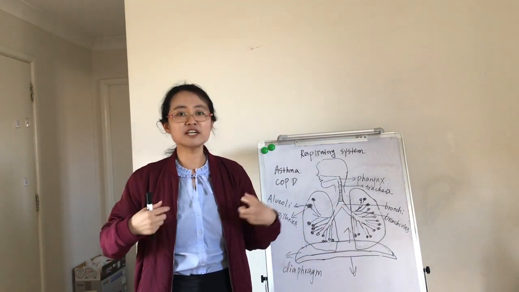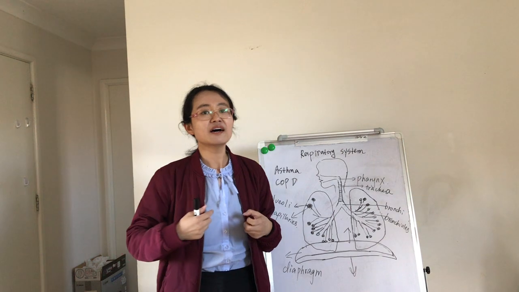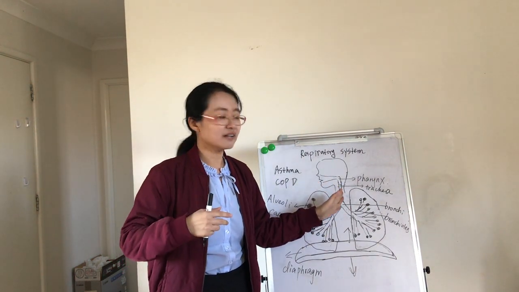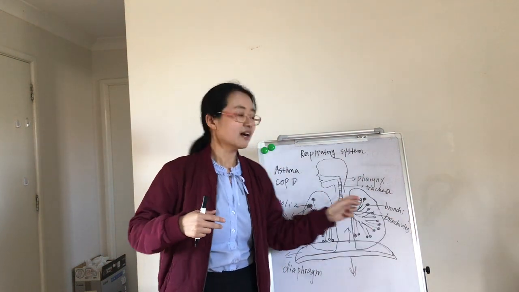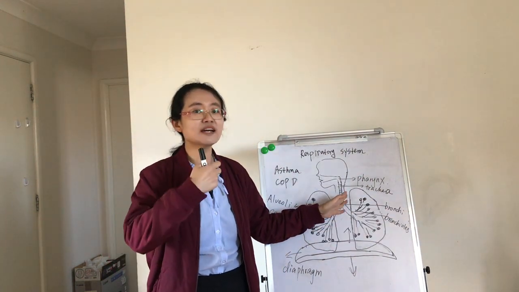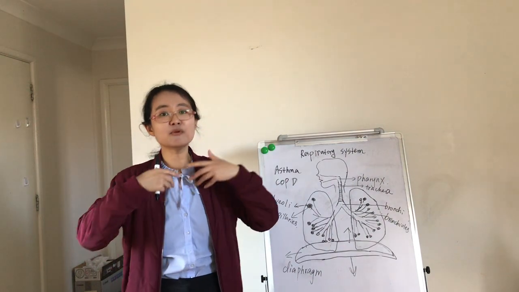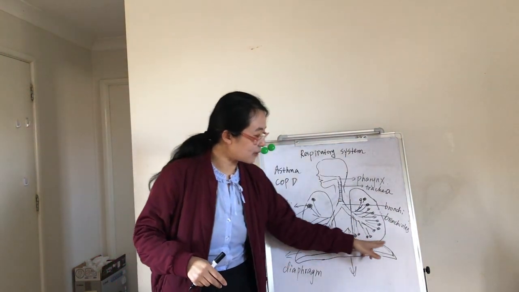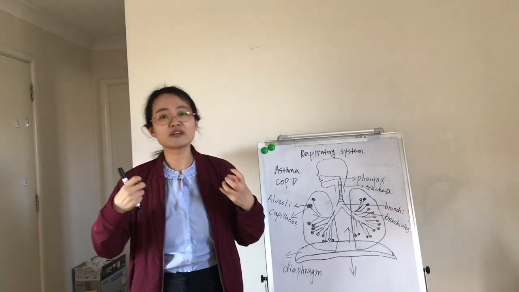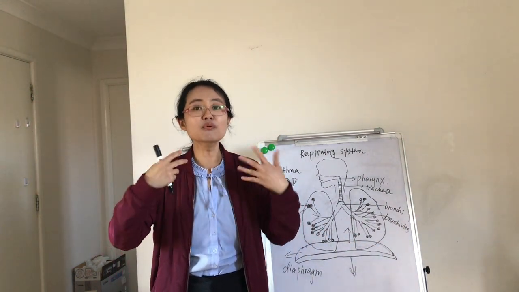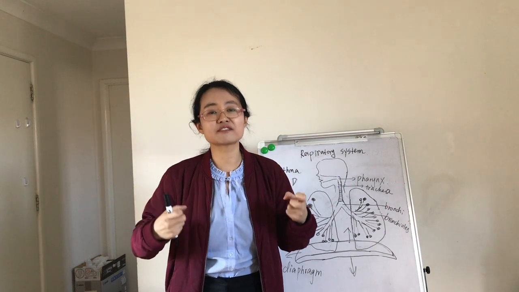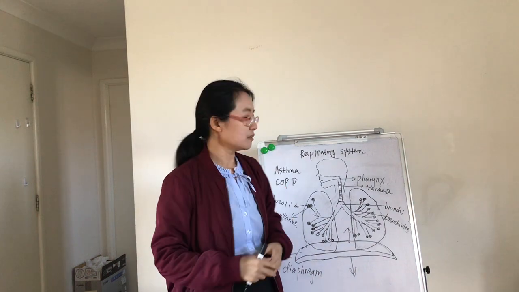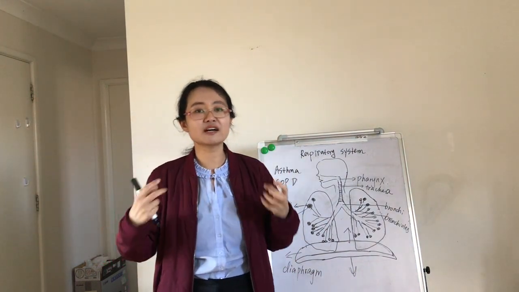So the lung space will be smaller, and the pressure inside the lung will be higher than the pressure in the atmosphere, and then the air will be squeezed out from the lung. So the diaphragm helps your lung to move and change size to help you inhale and exhale, maintaining this whole respiration cycle.